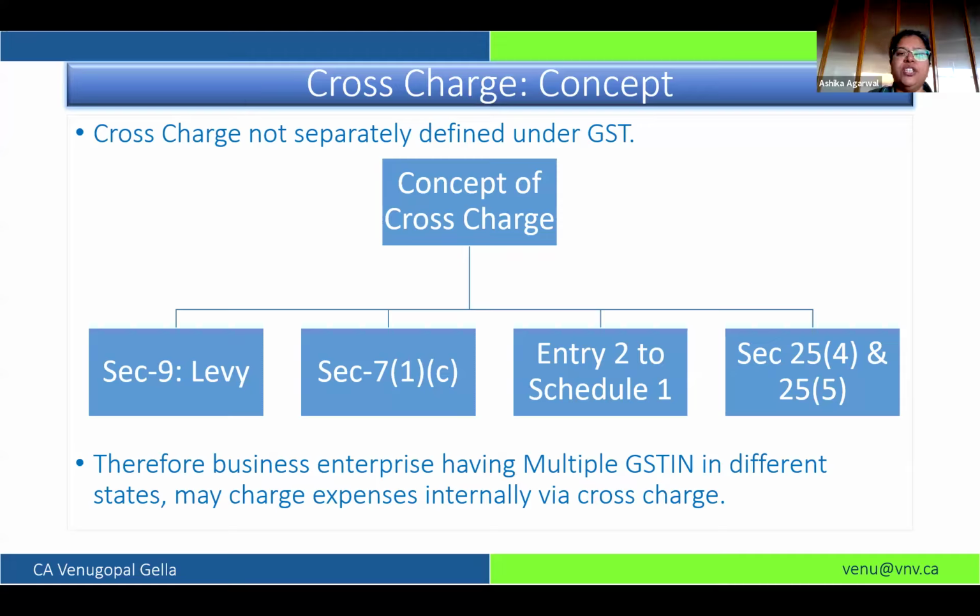All the revenue is being generated from one GST. So those supports which they are providing by other branches, they bill it to the branch from whom revenue is generated. So that is what the cross charge concept is. So you need to take care: if you have a multi GST, make sure ISD or cross charge, as applicable to you, is taken care of.